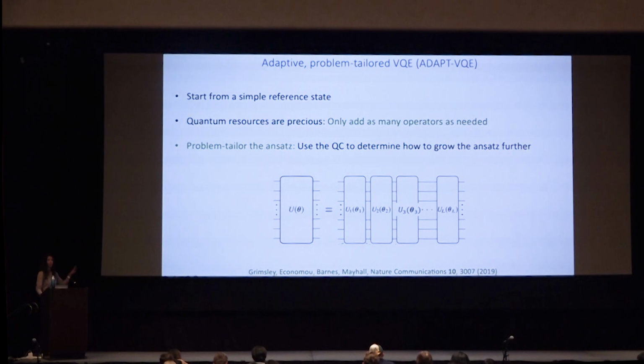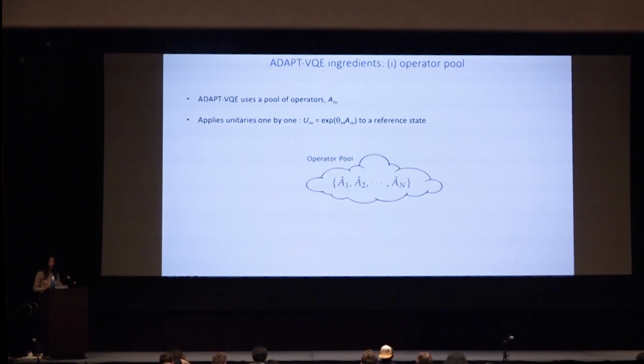So one thing is, what are these operators A_j? How do I decide in the beginning what are my options for the operators I'm going to have? We call this an operator pool. You already heard this term. So this is a very critical part of adaptive VQE. And if you choose a bad operator pool, like we heard before, you can fail, and that's very natural.